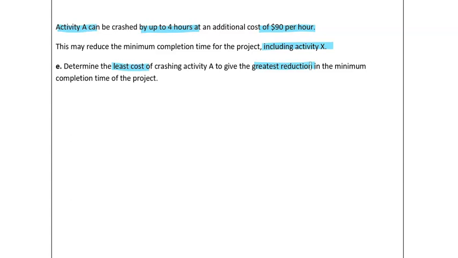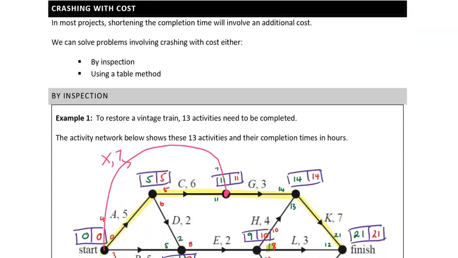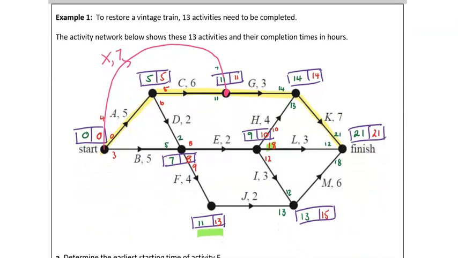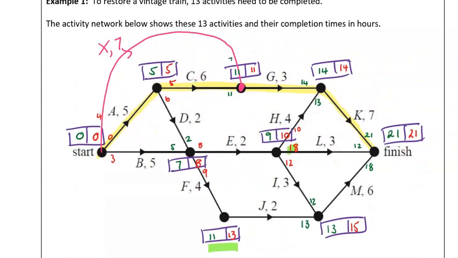It's similar to what we were doing with a single activity, where we look at how much we reduce, but then think about, do I need to do the full 4-hour reduction? So if we're doing this by inspection, back in my diagram, I want to think about the impact that reducing activity A may have.